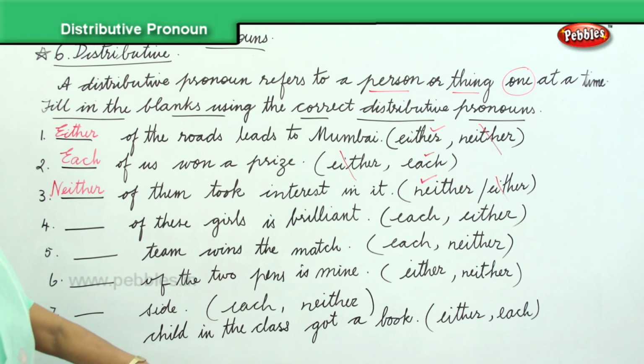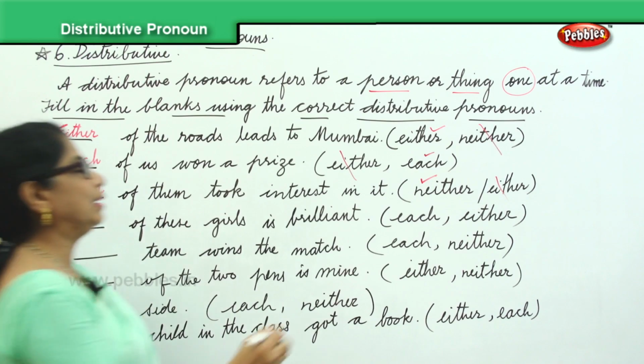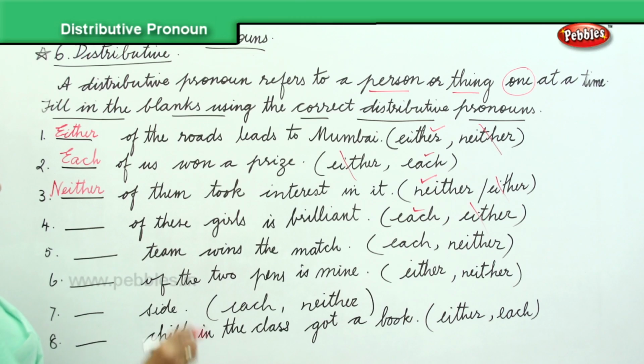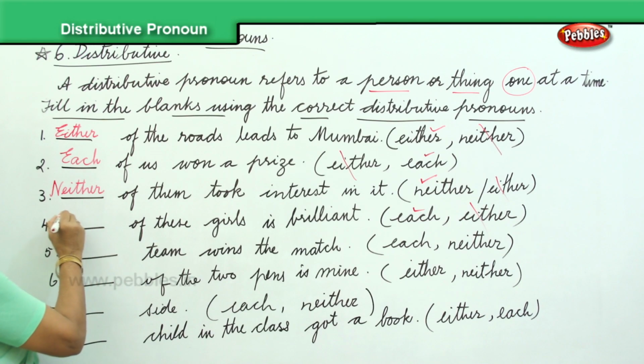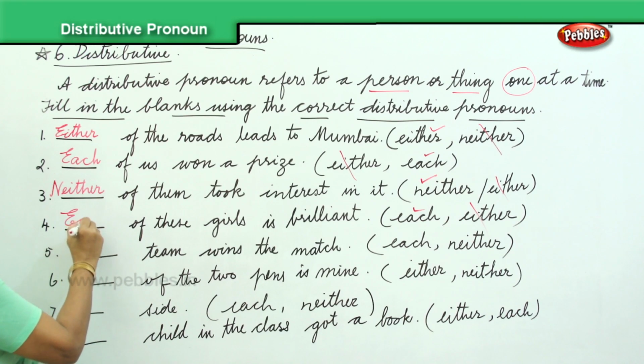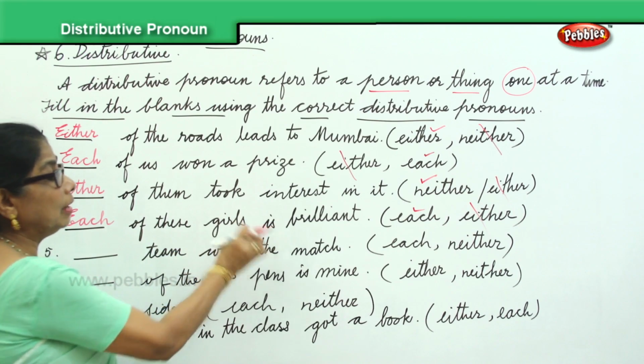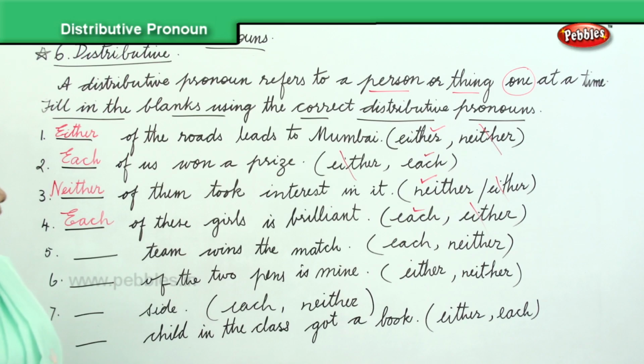Next we have dash of these girls is brilliant. You can say either of these girls, or you can say each of these girls. Which is better? Each of these girls. Yes. Each of these girls is brilliant, because remember the singular verb is brilliant.